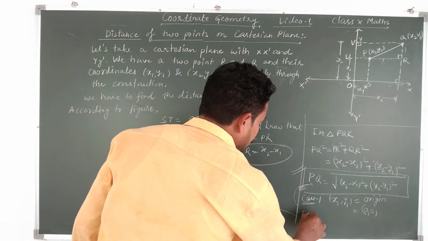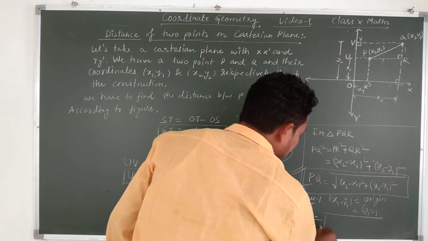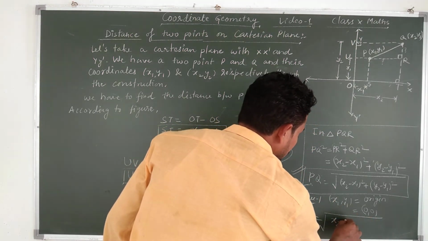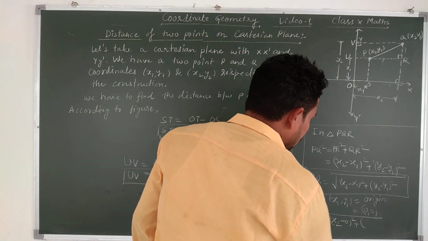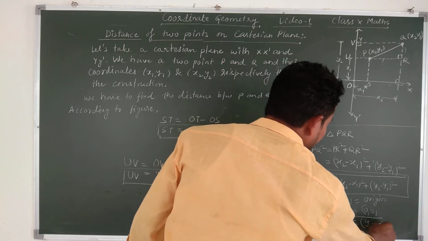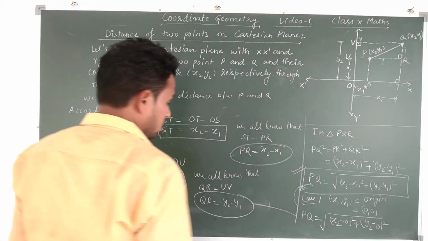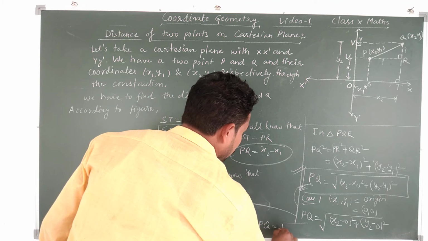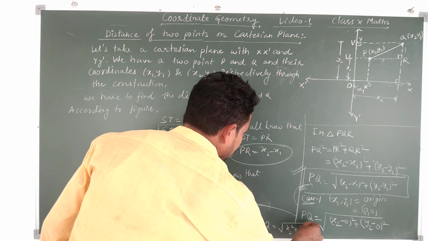So new PQ is the square root of (x2 minus 0) square plus (y2 minus 0) square. So the new formula generated, PQ is the square root of x2 square plus y2 square.